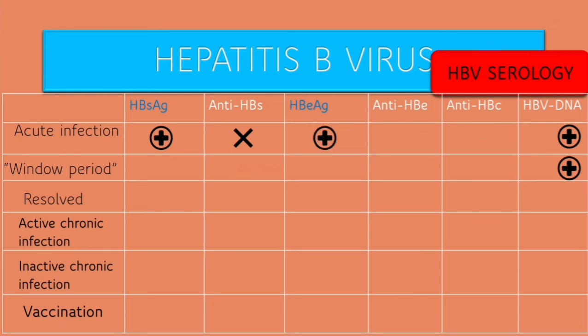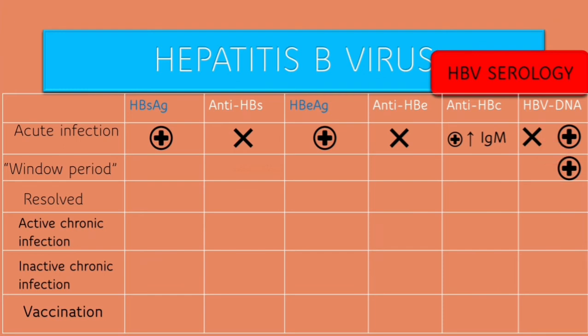Yes, it's there because it's an acute infection, but the same applies here: the antibodies are not yet there. But what about the antibodies against the core antigen? Here, yes, you see the antibodies, particularly of the IgM flavor. And on HBV DNA, at first you might not see it, but later on you see the HBV DNA.